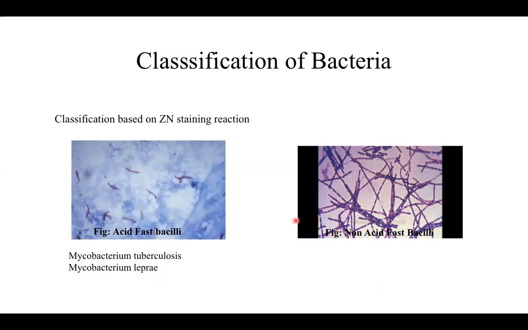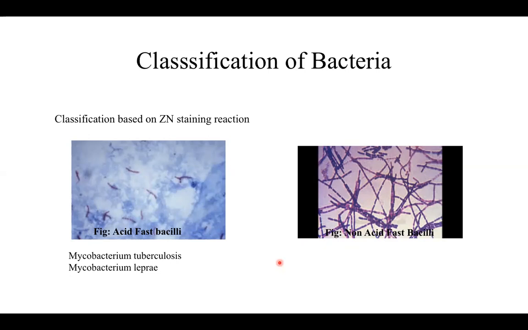Similarly, those bacteria which retain the counterstain and appear in blue color are known as non-acid-fast bacteria. Examples of non-acid-fast bacteria are Staphylococcus, Streptococcus, or Corynebacterium diphtheriae.